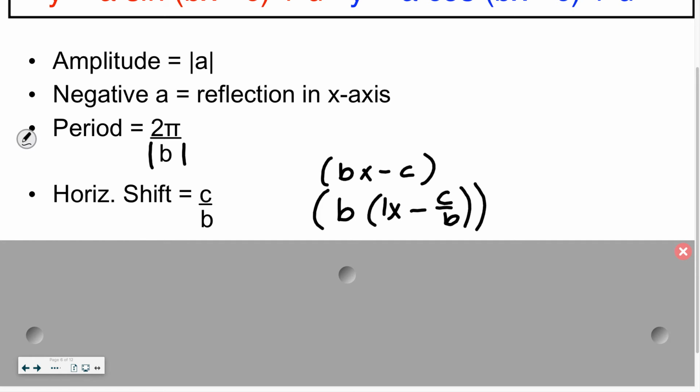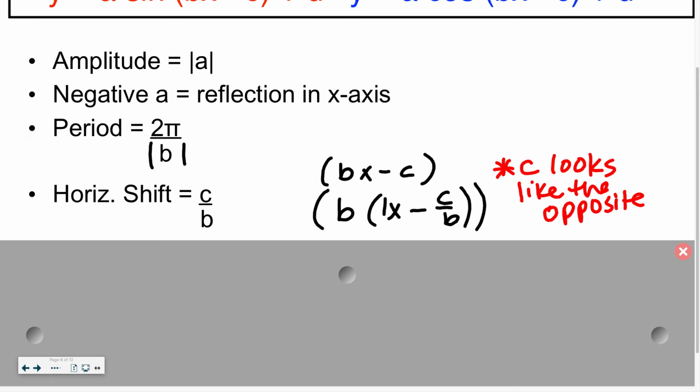And this is also a good spot for you to make a note. C always looks like the opposite of what it is in the equation. It's just like H. I used to always say that about H as well.